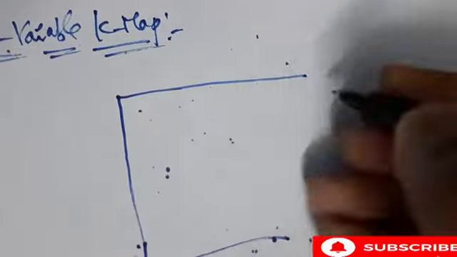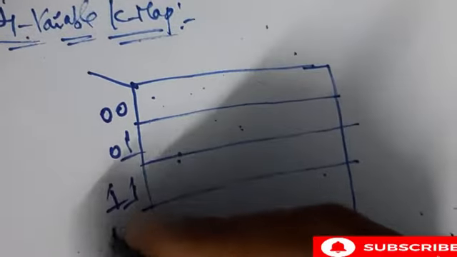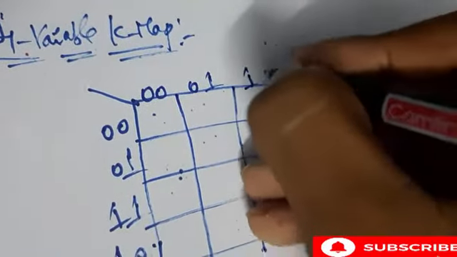We already know 16 cells or 16 boxes will be there. 0 0 0 1 1 1 1 0, 0 0 0 1 1 1 1 0. This will be the A, B, C, D.